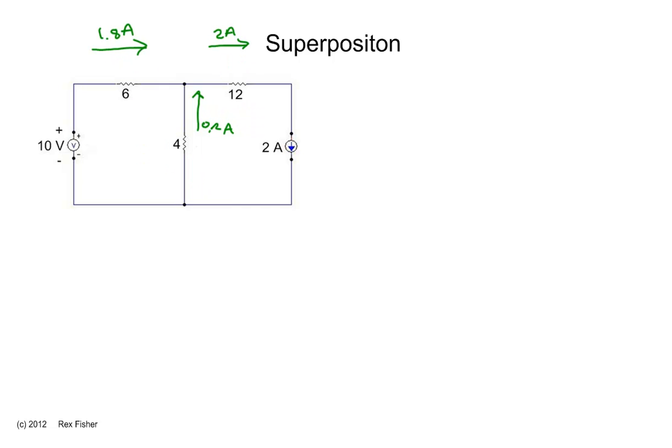If we clean this circuit up by getting rid of the mathematical currents and just leaving the real currents, we can now find the voltage drops across each one of these resistors. 2 amps flowing through 12 ohms is 24 volts. 0.2 amps flowing through 4 ohms is 0.8 volts.